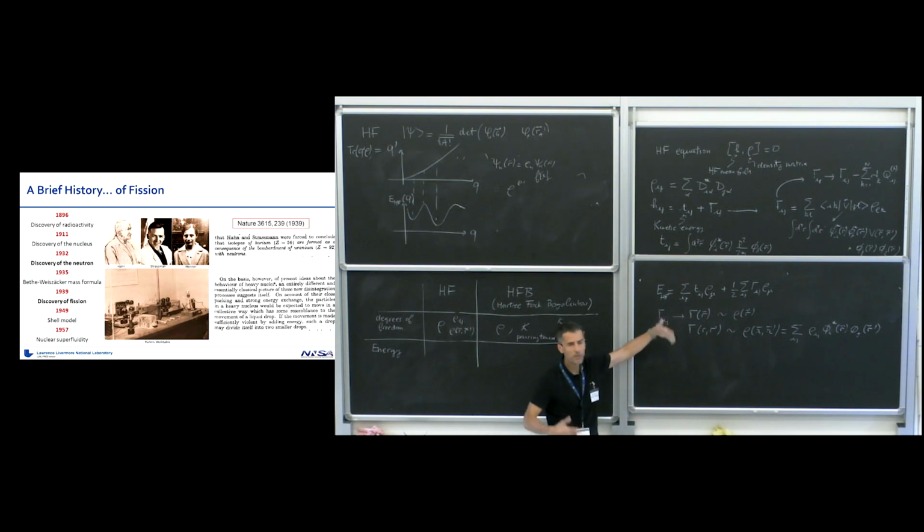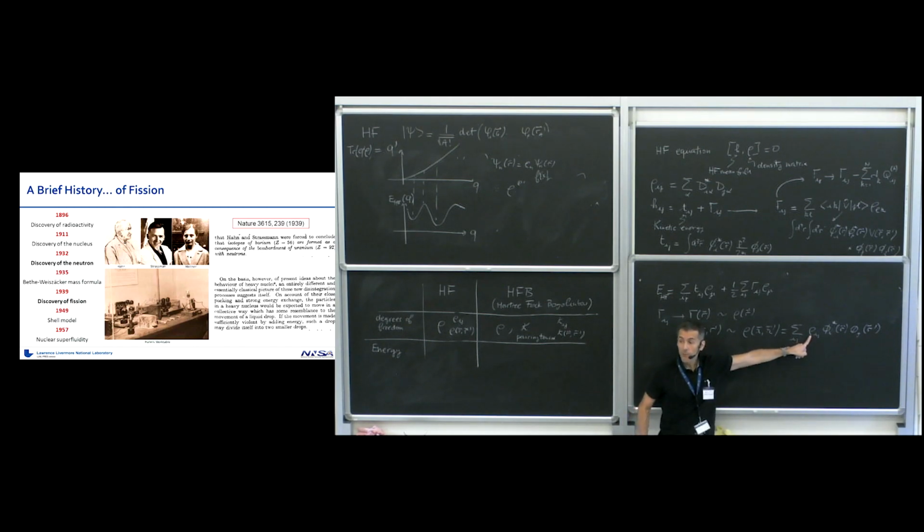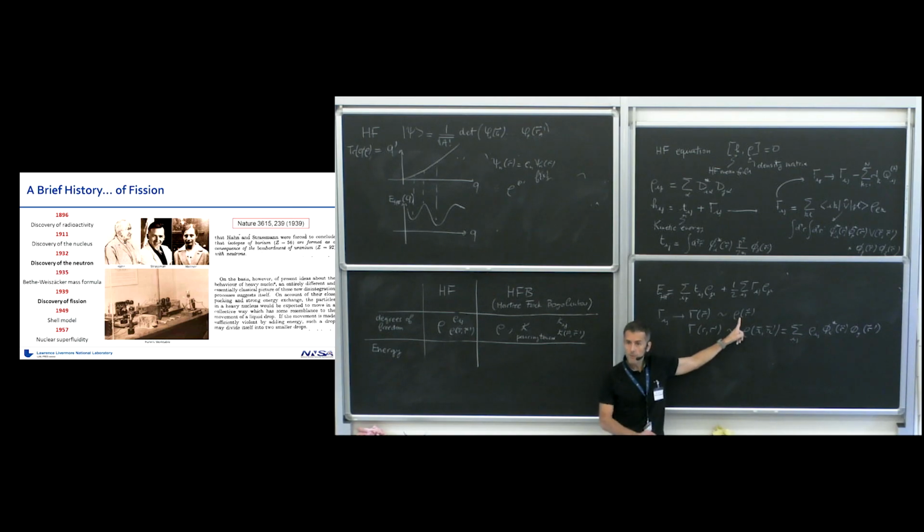They appear more naturally in coordinate space representation. So when I say that everything depends on the density, this density, the full density matrix, this is a local density. It's a particular component of the full density matrix. This one is a more general version of it.